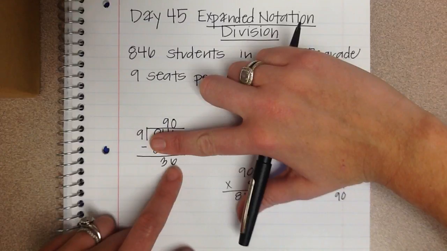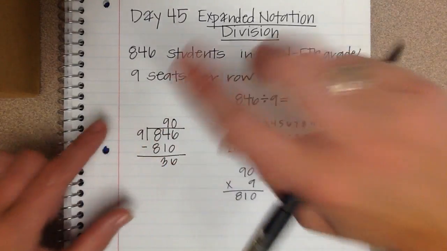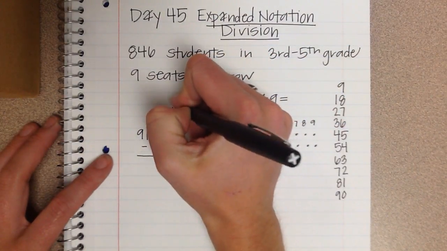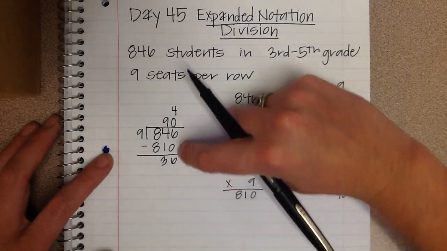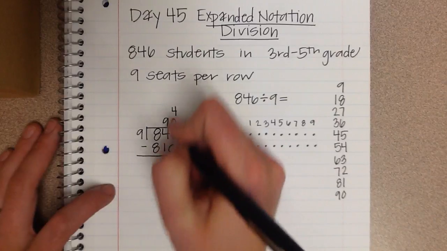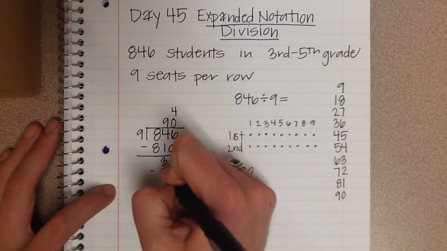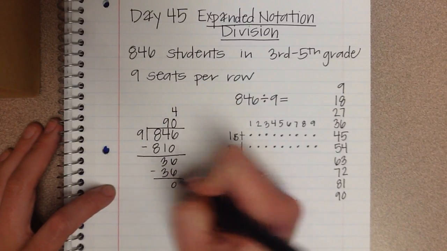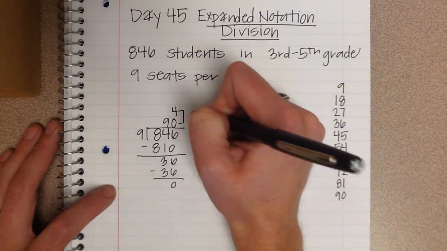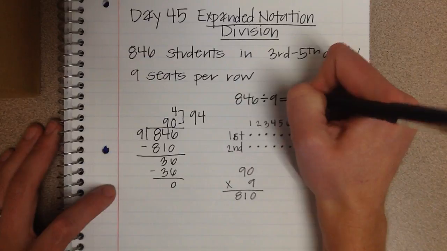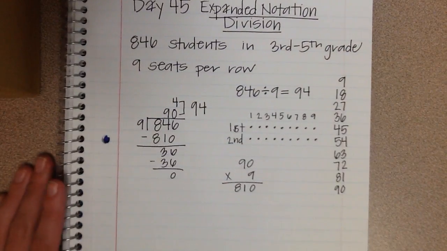So I'm going to put a 4 above the 6. All the way above. Okay? You see how that 4 is above it. Okay? So 4 times 9, 36, 0. So now what I'm going to do is add those together. And I get 94. So 94 is my answer.